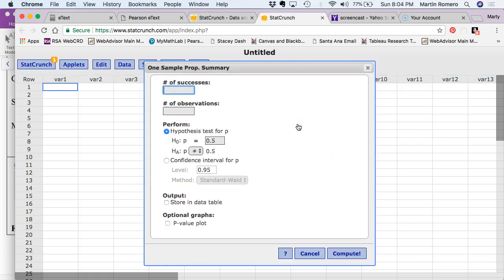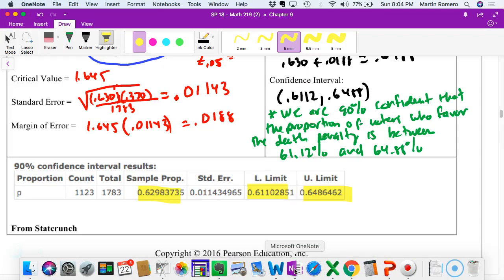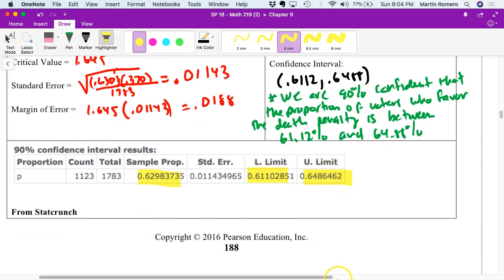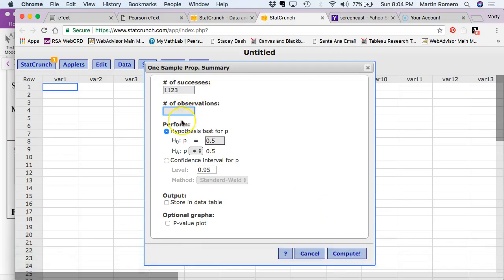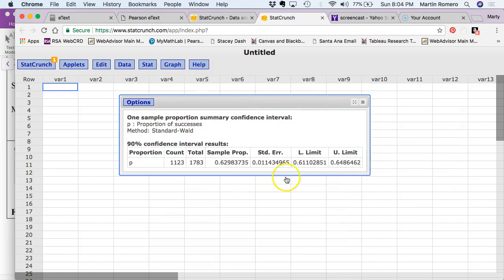The number of successes was 1123 out of 1783. We are constructing a 90% confidence interval, leave it as standard Wald, and that's it. Hit compute.